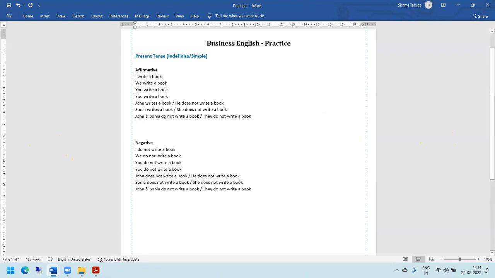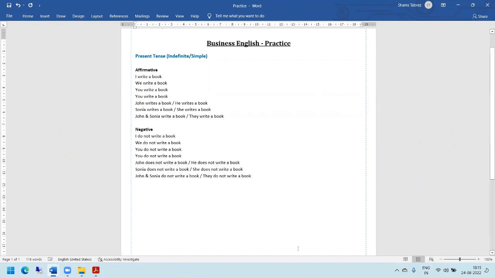And then John and Sonia write a book. And if we correct this one, instead of noun, if we are using pronoun, then he writes a book. She writes a book. And then they do not write a book. Right? Now things are clear.